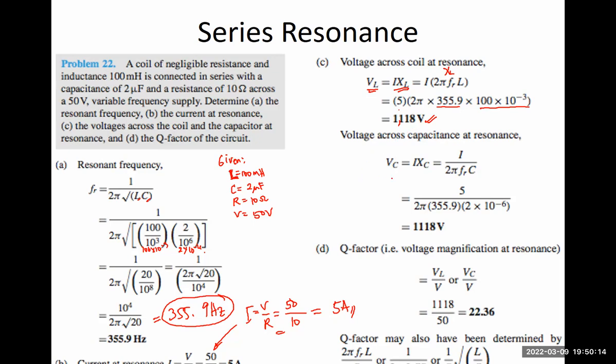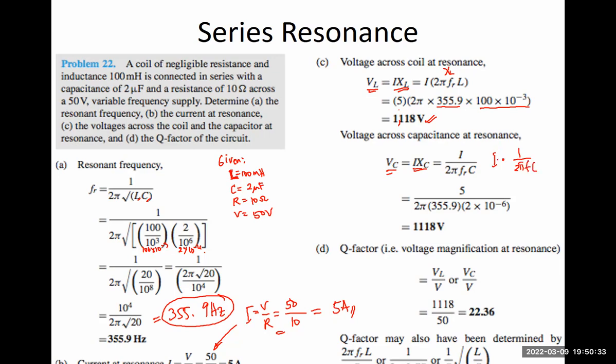Okay, so let's see if we could satisfy VL is equal to VC on series resonance. By determining the voltage across the capacitor, which is given by current multiplied by the capacitive reactance. So capacitive reactance, ganito yan, ano? That is I times 1 all over 2 pi FC.